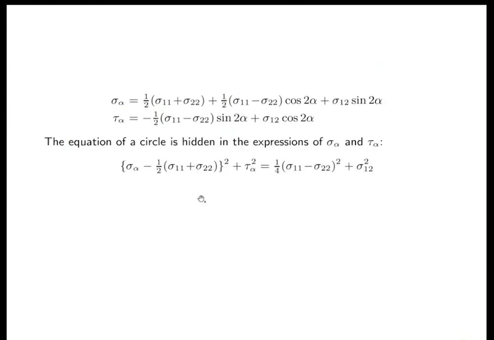Now, when we take these two equations for sigma and tau, you can rewrite them and get something like sigma alpha minus something, squared, plus tau alpha squared equals something on the right hand side. This is the equation for a circle. I don't know how you described a circle in your high school mathematics.